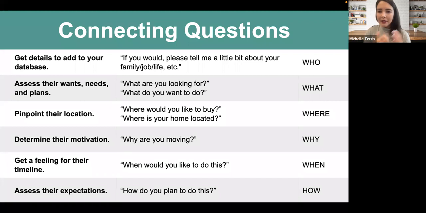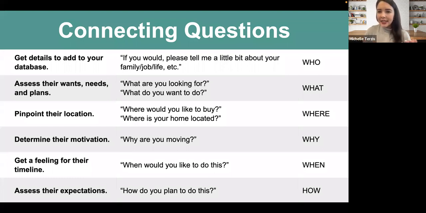When you are working with a buyer or seller, you need to understand what's pulling them to or pushing them to sell. Once you understand that, like their motivation essentially, then you can use that as leverage. And I know that sounds bad, but you can use it from a consultant standpoint to make sure they're moving to the next step. To give you an example, you might find out that someone's thinking about selling because they want to be in a certain school district because they prefer their kids to go to that school.